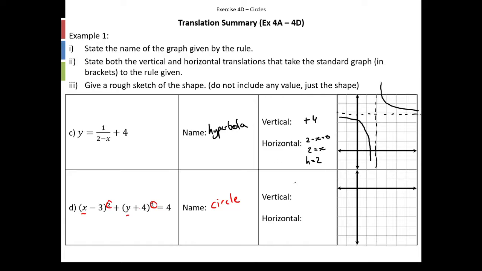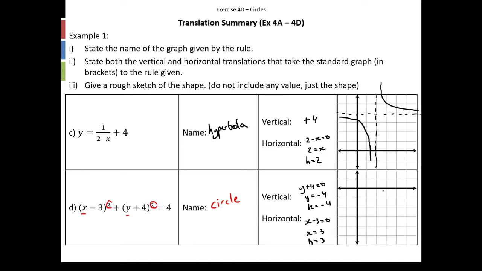So for the vertical, same deal inside this bracket, just like we've been doing for the horizontal, this time we have to do it for the vertical as well. y plus 4 equals 0, y equals -4. Do the same with horizontal, x minus 3 equals 0, x equals 3, so h is equal to 3. You can get used to reading this off, but this is just to show where it comes from.